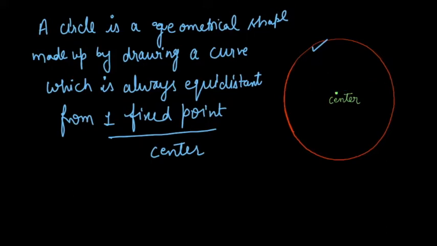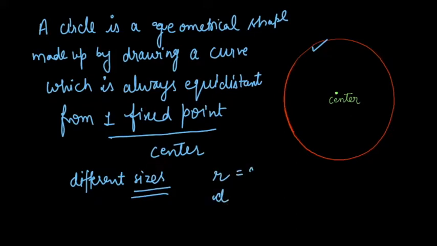Now let's see certain properties of the circle. Circles can be of different sizes, but of course the shape remains the same. On what factors does it depend? It depends on the radius and the diameter.